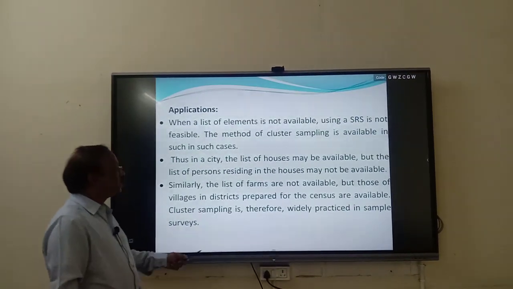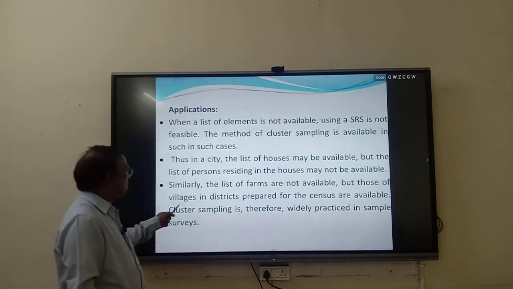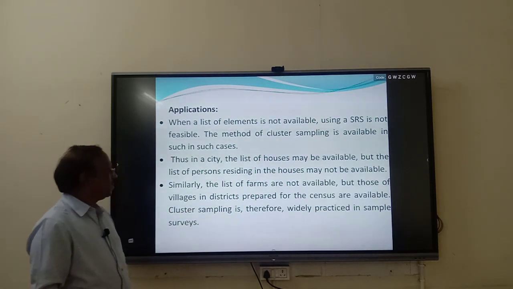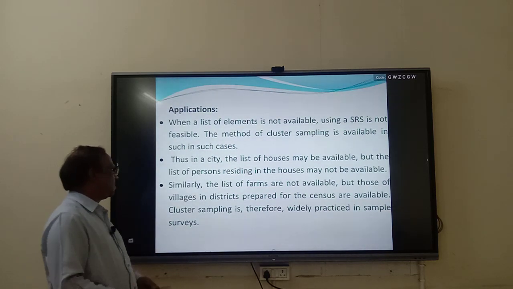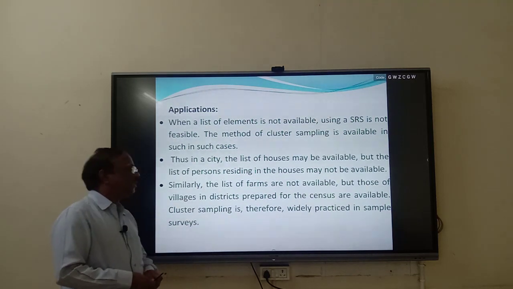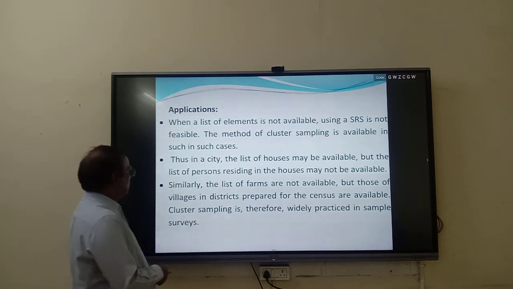Similarly, the list of farms is not available, but those of villages in districts prepared by census are available. So cluster sampling is therefore widely practiced in sample surveys.